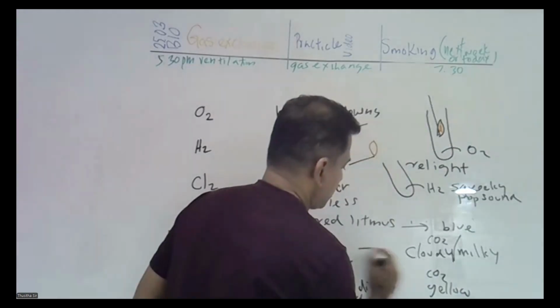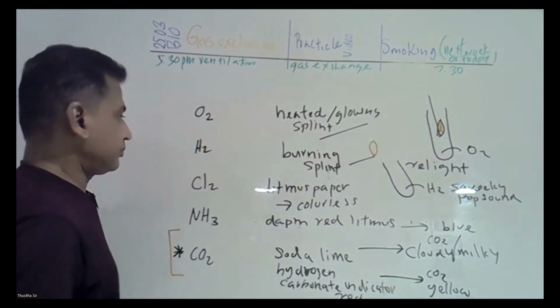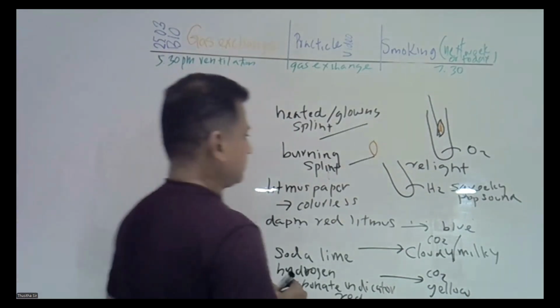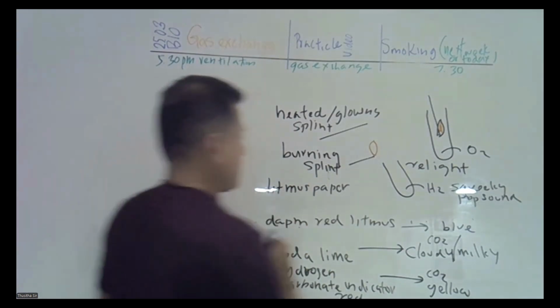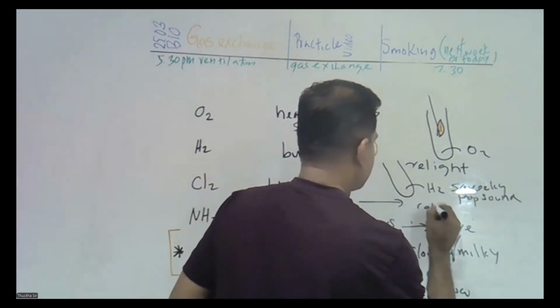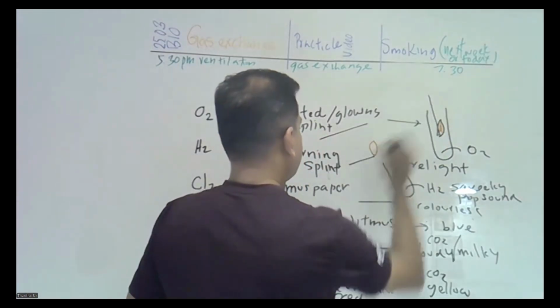Soda lime gets cloudy, hydrogen carbonate red to yellow. Litmus paper becomes colorless.